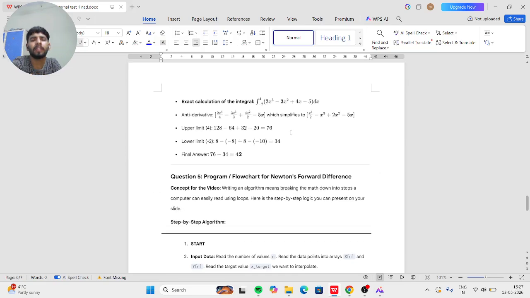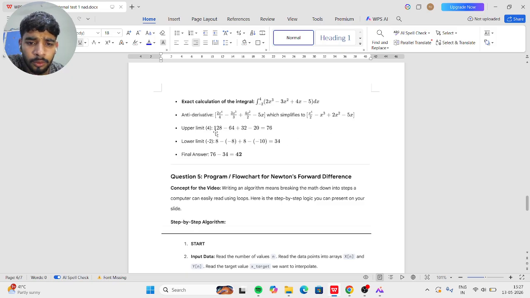Now here the exact calculation of the integral comes. It says the integration from minus 2 to 4 of 2x cube minus 3x square plus 4x minus 5 dx. The antiderivative of this is 2x^4 by 4 minus 3x cube by 3 plus 4x square by 2 minus 5x, which simplifies to x^4 by 2 minus x cube plus 2x square minus 5x.